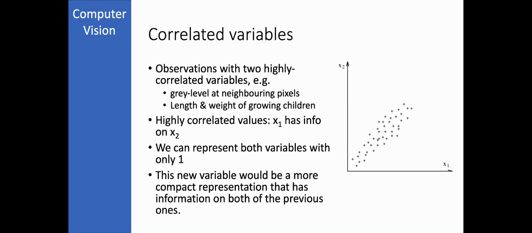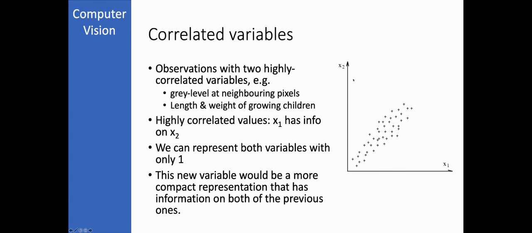First, let's look at the entire concept in very simple two dimensions. By correlated variables, what we mean is we have an observation, for example, like the one given here in the x1 and the x2 coordinates. Now, you can imagine that each of these samples is an image, but let's look at just two dimensions here. Observations like this show that there is a high correlation between the variables x1 and x2.